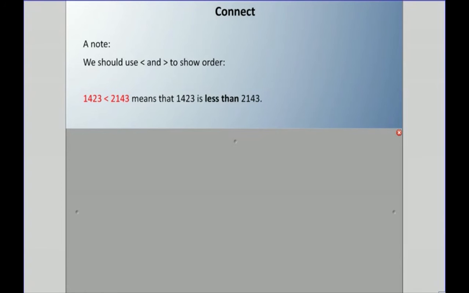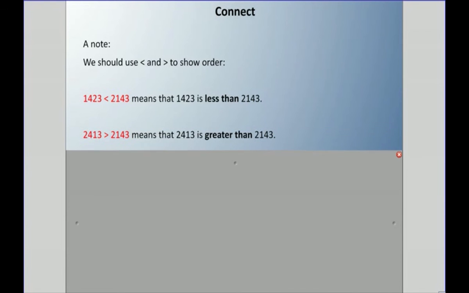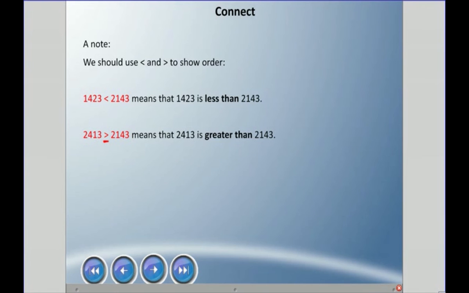Now, just as a note, we should use these less than and greater than signs to show the order. So 1,423 is less than 2,143 means less than. You might have heard of some strategies here, but just before we look at that, the opposite means the sign is facing the opposite way. It means greater than. I always struggled with this as a kid, and what I thought is we read left to right.